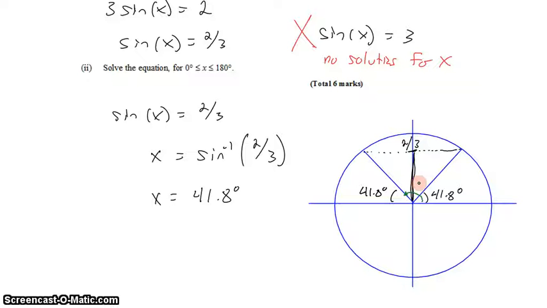So the green unknown, which we'll call x2, so that's our solution x1, x2 is 180 degrees take 41.8 degrees, which gives us 138.2 degrees. Those are both the solutions between 0 and 180 degrees. Of course, there are more if you keep going around, but we're restricted in our domain.